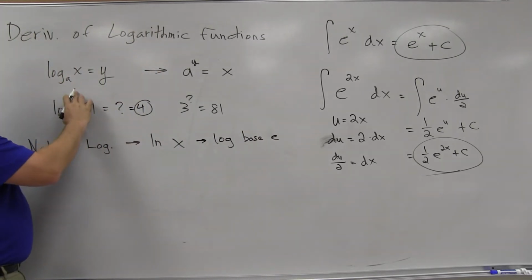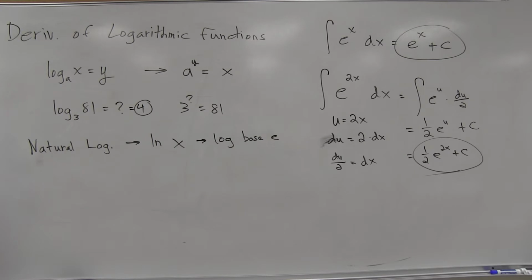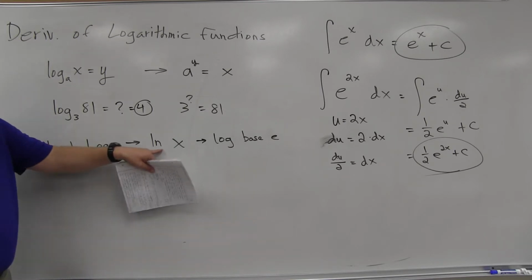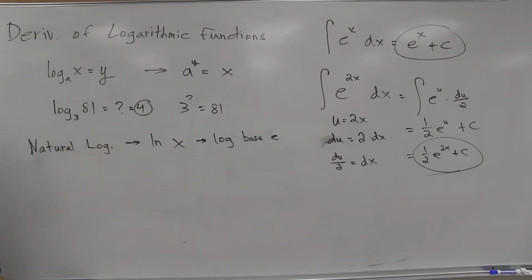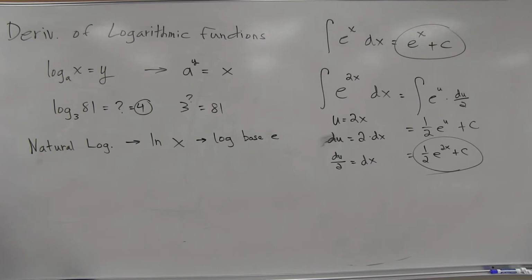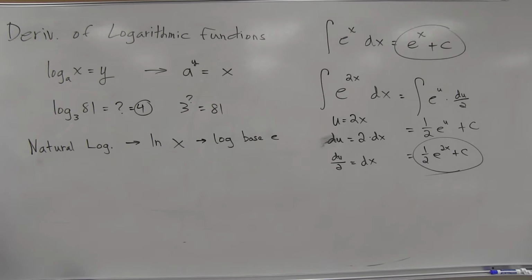The e isn't shown as the base here, but that's what it's understood to be. It's logarithm base e. They don't put the e there because it's understood to be e, okay? They don't want to write the e. And then the other one that possibly would come up, although I don't mention it here, is the common logarithm. It's logarithm base 10.